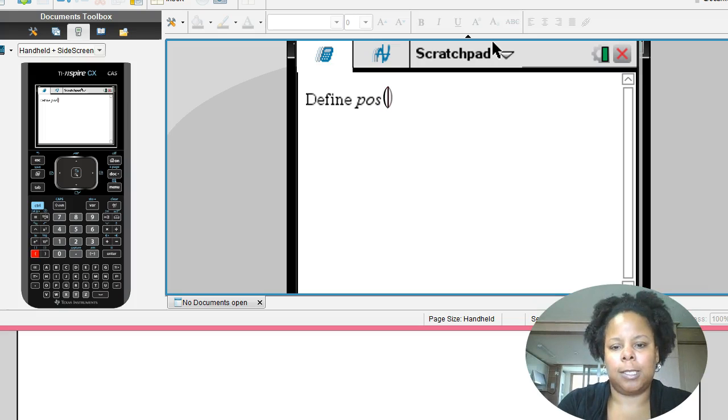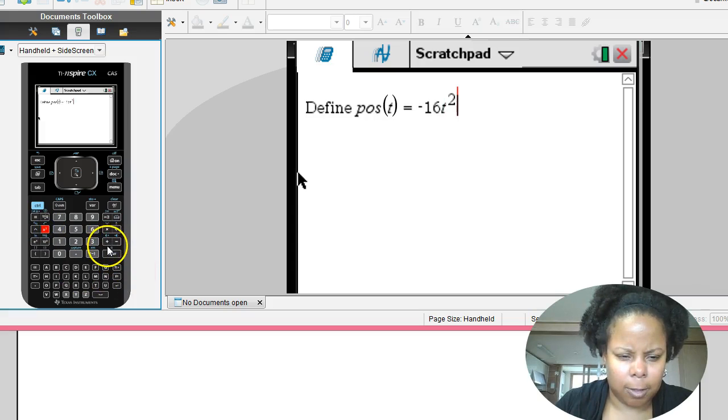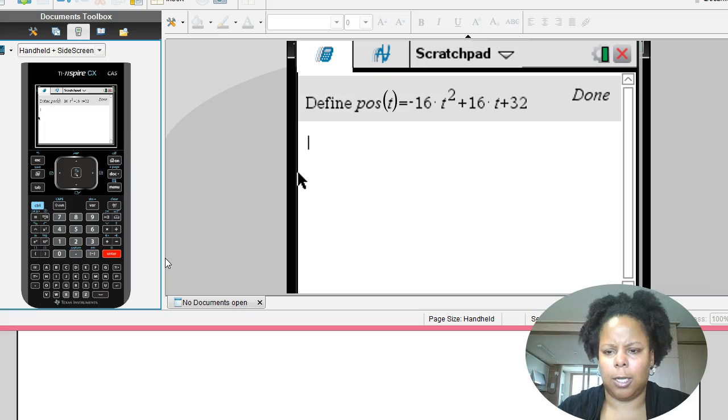I'm going to put parentheses, input a variable t, and that is equal to negative 16 times t squared, plus 16t, plus 32. And I press enter, and it says done to indicate that it's okay.